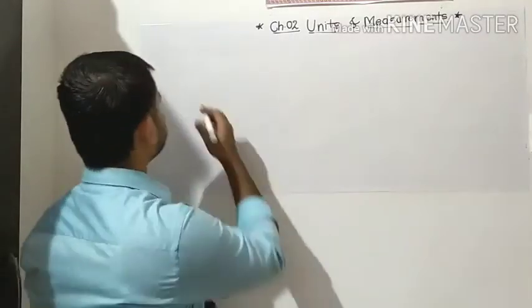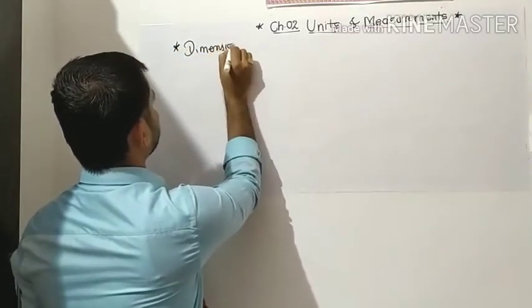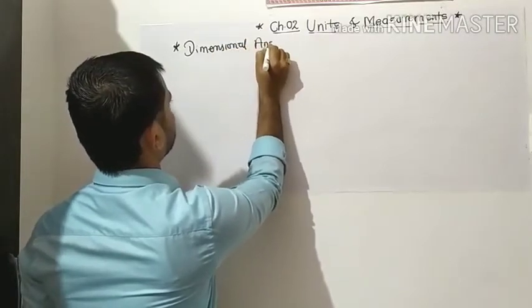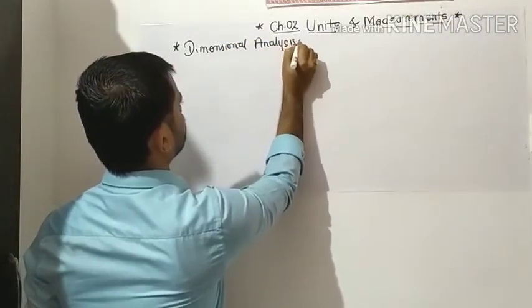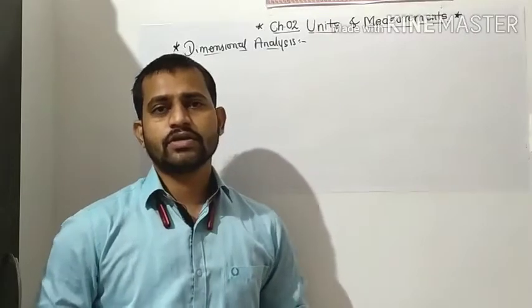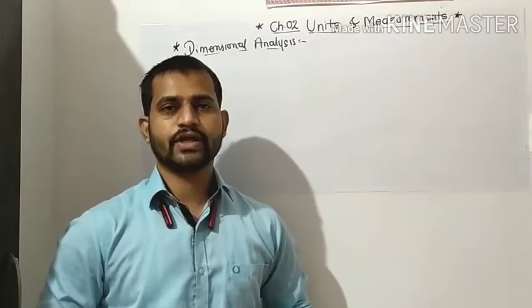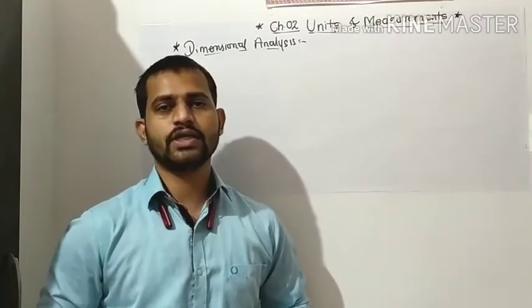Today we are moving towards the next topic from the second chapter, that is dimensional analysis. Dimensional analysis is a very important topic, because from it we can get an idea about any physical quantity, what the cause of that physical quantity is, due to which it exists.